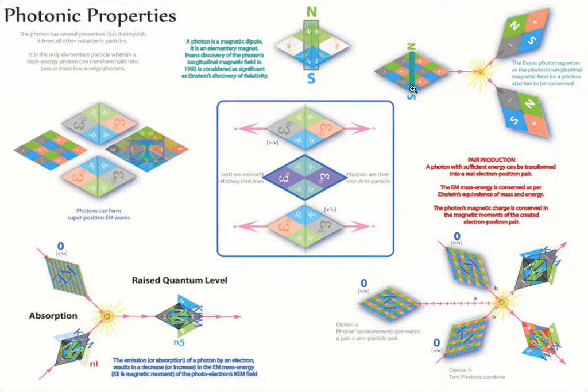They all, as they come together, no matter how many, retain the Evans photomagneton arrangement, and in fact, with sufficient energy, they can split into two or more EM waves or photons, and in doing so, they still retain the same dipole arrangement as they had as a full or a larger EM wave.